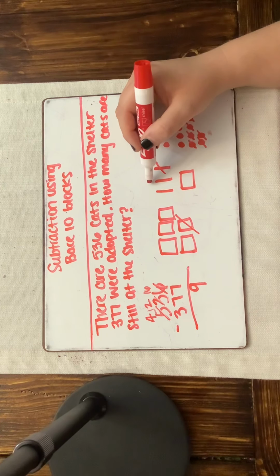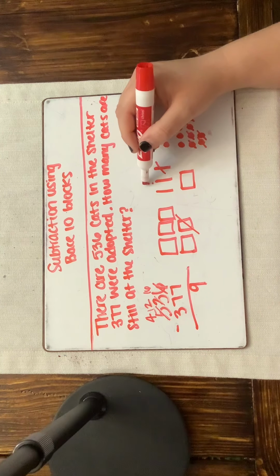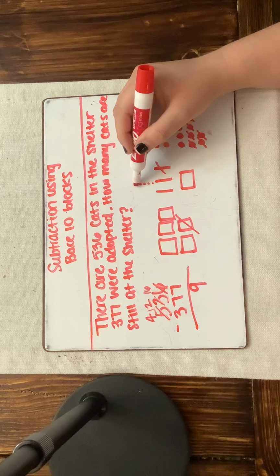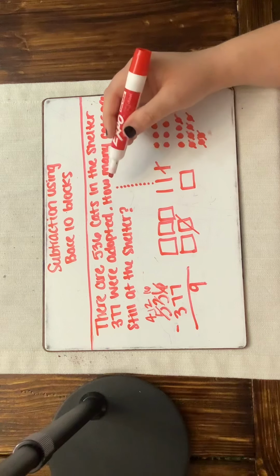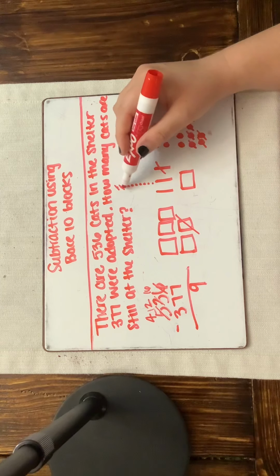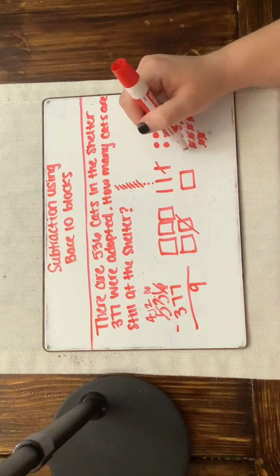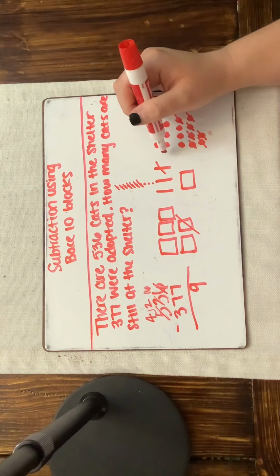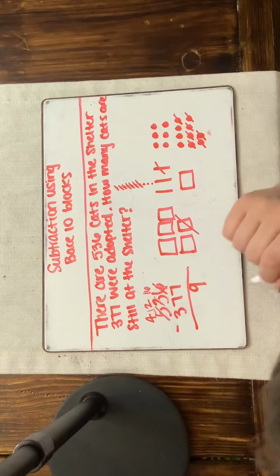So it's going to be 1, 2, 3, 4, 5, 7. Leaving us with 5.